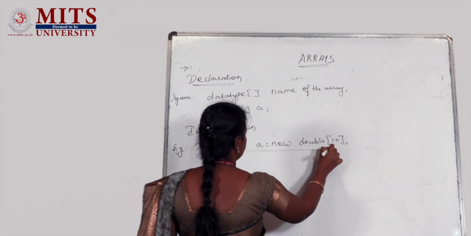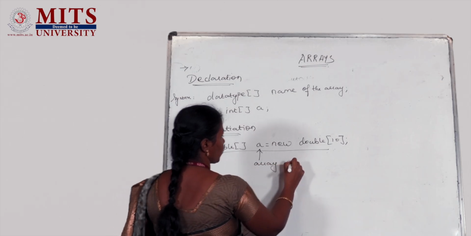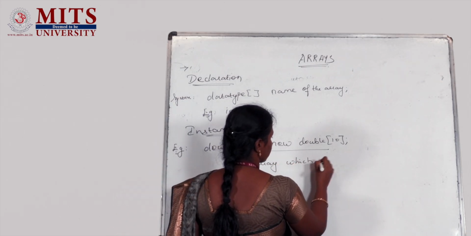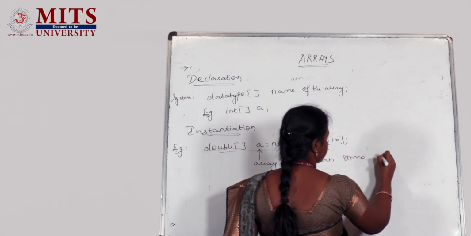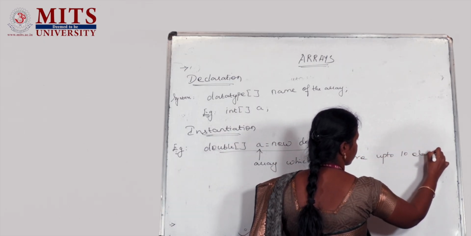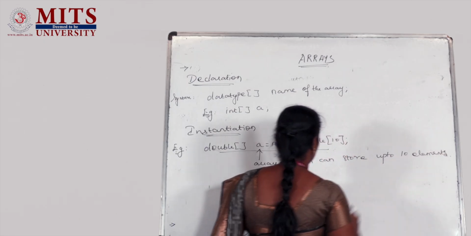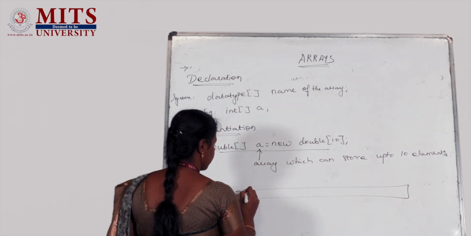So this indicates that a is an array which can store up to 10 elements, meaning a contiguous memory will be created.